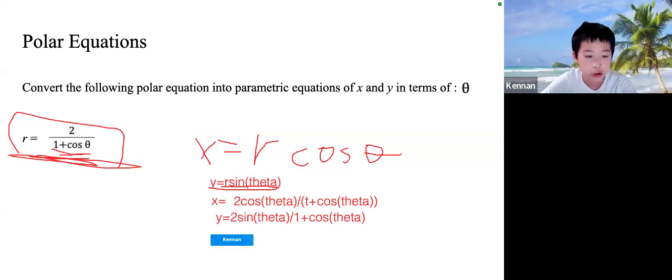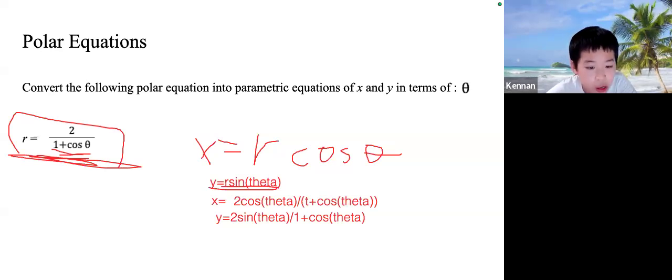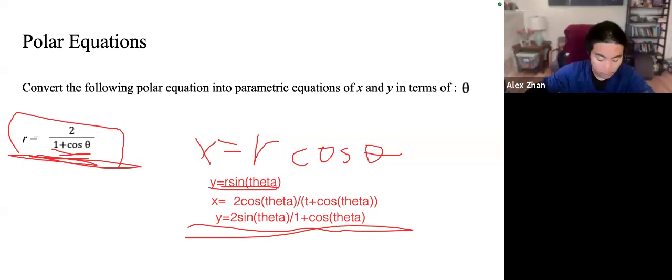So this is what we get, and let me check. Yeah, I think this is correct. So basically, these are our parametric equations for x and y in terms of theta. And yeah, this is what x and y look like in terms of theta.